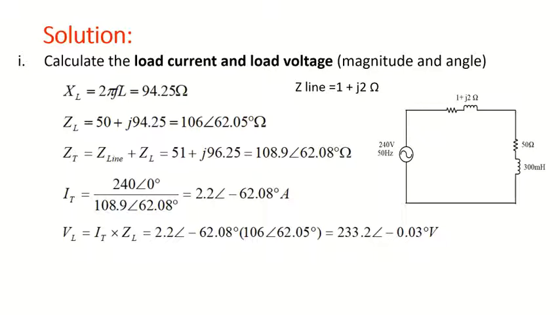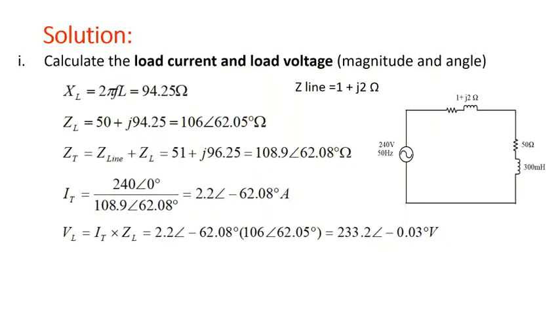The Z line plus the Z load gives the Z total, which is 51 plus j96.25, or in phasor form 108.9 at 62.08 degrees ohms.